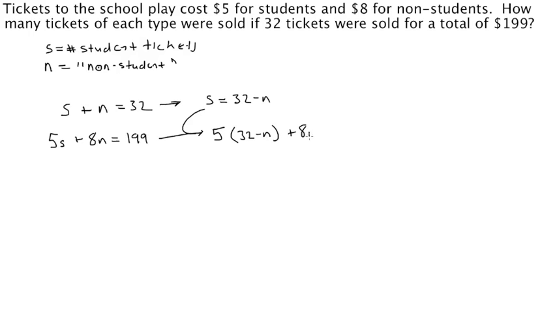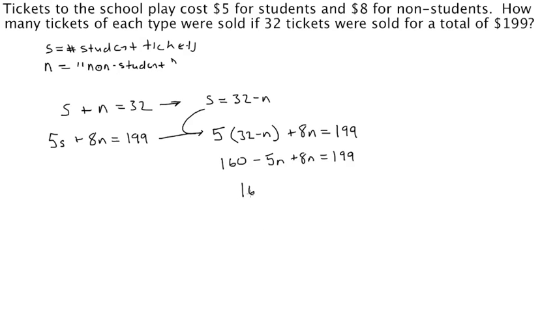plus 8N equals 199. So 5 times 32, let's see, it's going to be 150 plus 10, so 160 minus 5N plus 8N equals 199.